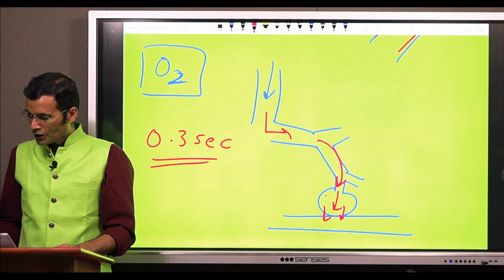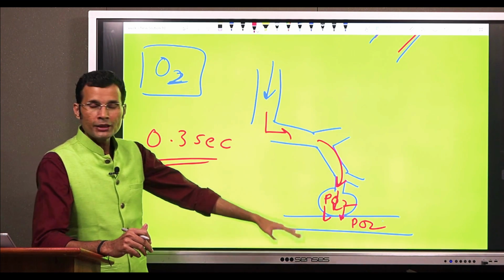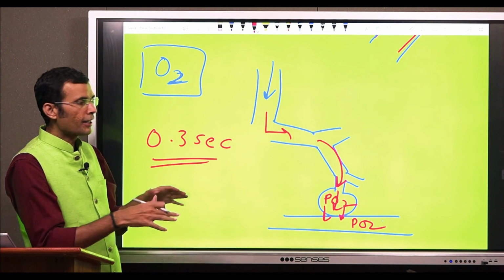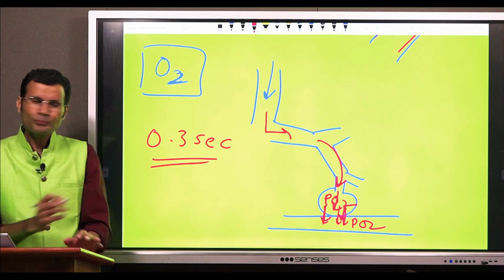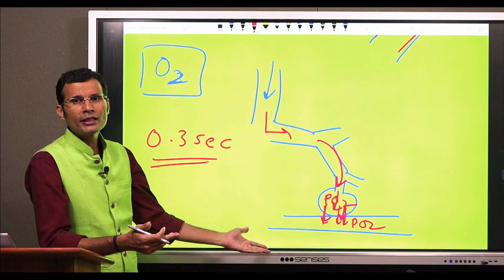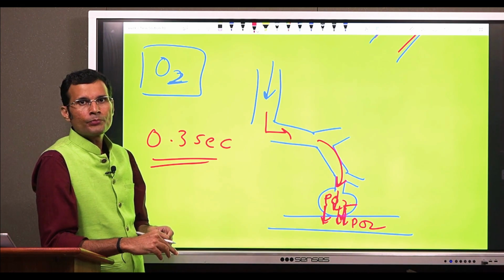That means the partial pressure of oxygen in the alveolus and the partial pressure in the blood become equal. It diffuses so rapidly that almost instantly it reaches equilibrium.